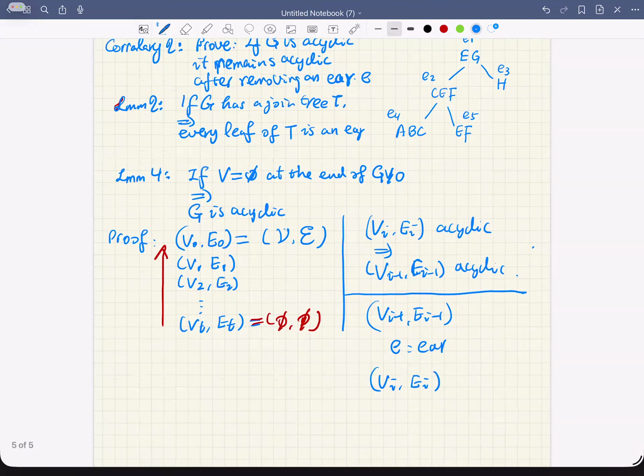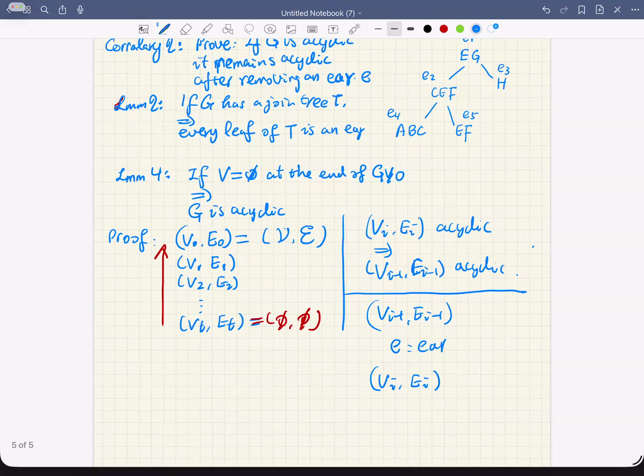Okay, good. So now, as you can see, Yi is an ear. So if Yi is an ear, then there are two possibilities. The first possibility is that this VI minus 1 contains just a single edge. And then another possibility is that this ear has a witness.